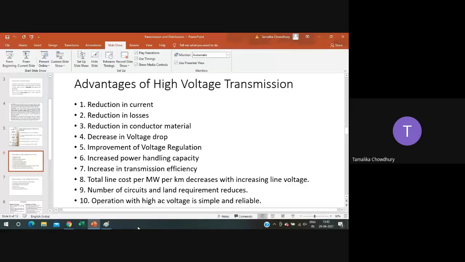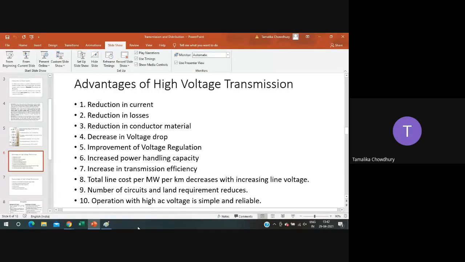Why am I explaining this in detail? Because whenever the question comes in the exam, they will not just tell you to write the advantages so that you write these points and get marks. It often comes in the examination: why is transmission carried out at high voltage, or what are the advantages of high voltage transmission.